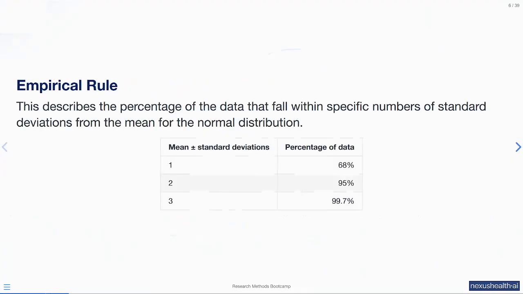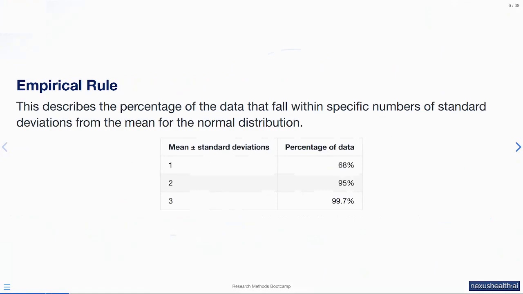The empirical rule describes the percentage of the data that fall within specific numbers of standard deviations from the mean for the normal distribution. So within one standard deviation of the mean, on either side of the mean, we expect to find 68% of the data.